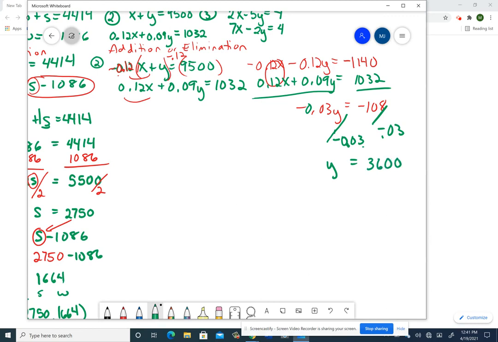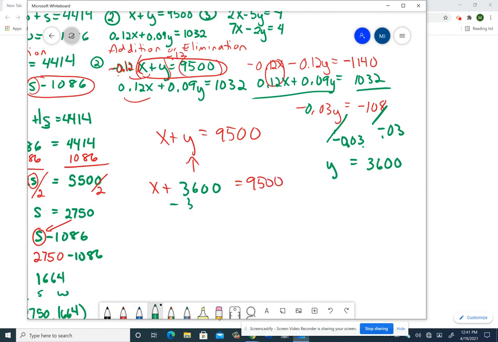Okay. All right, so now, just like before, we got to pick an equation to plug into. It's just real clear that I would want to pick this equation. Let me take the x plus y equals 9,500. And then I'm going to replace that with the 3,600 and figure out what the x would need to be.